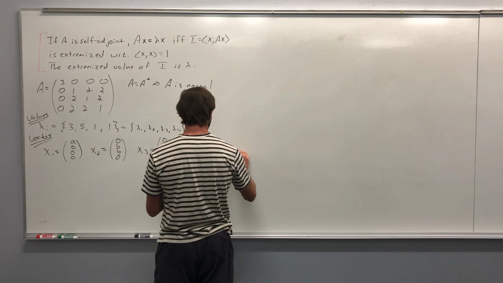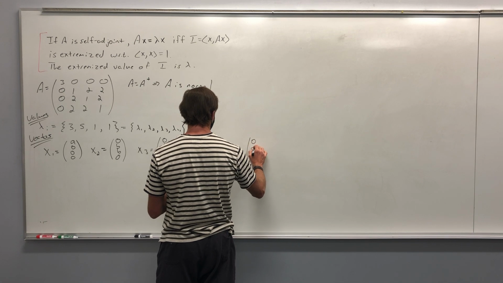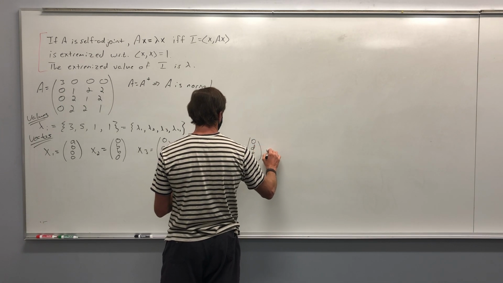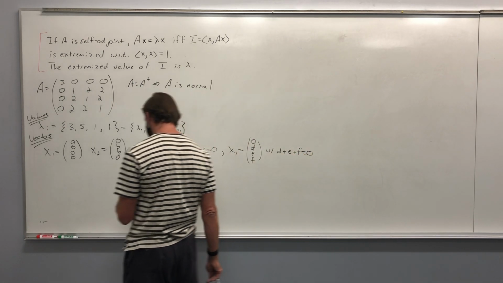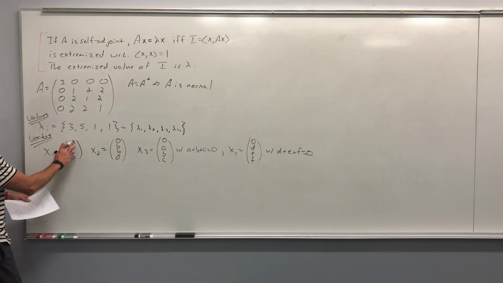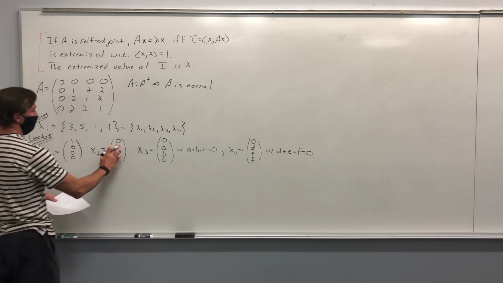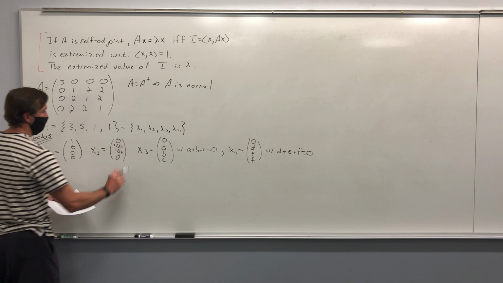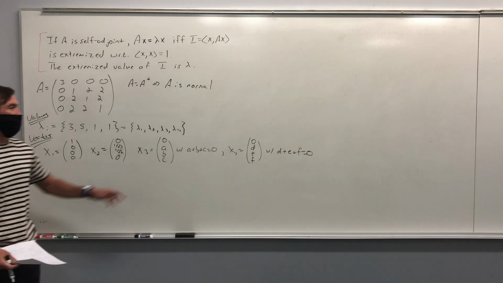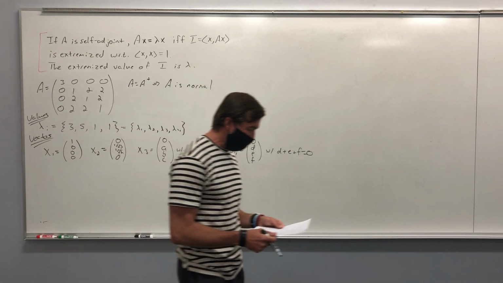And x4 is 0, D, E, F, with D plus E plus F equals 0. Okay, we can obviously normalize these, but we can't really normalize them until we make some picks.